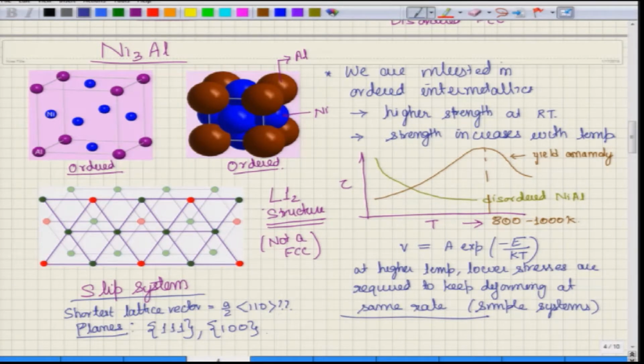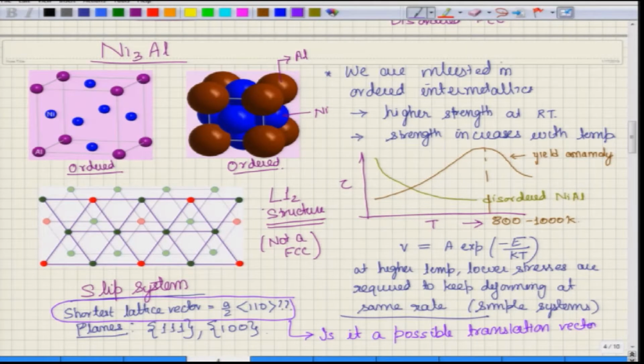So, the question here that we want to be asking is, is it a possible translation vector? So, for that let us select one of the planes, the 111 planes. So, this is a 111 plane, and over here if you look at it, this is how it will be.